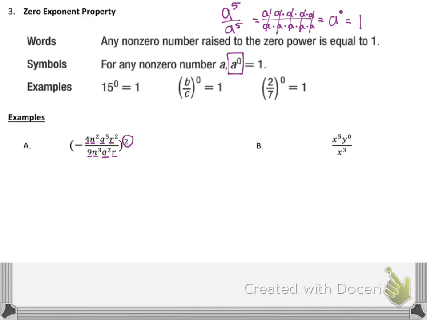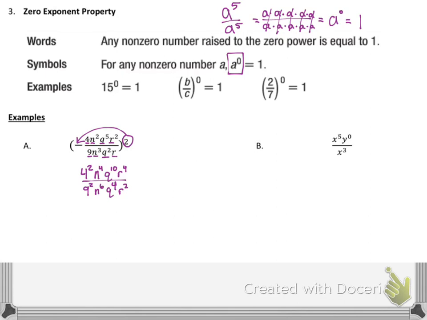So if I were to distribute that squared, it even affects this negative, right? Because a negative number squared, a negative fraction squared, will make it positive. So once I distribute that exponent 2 to all the bases, this is the expression that I have.